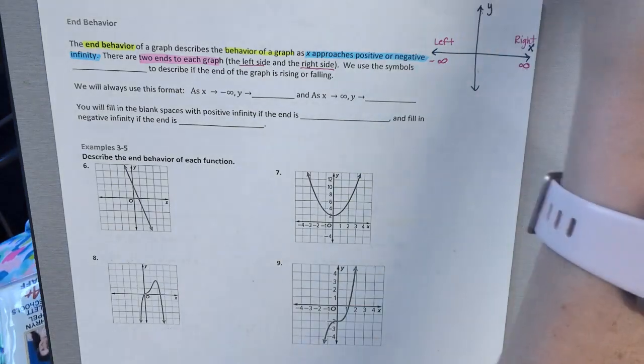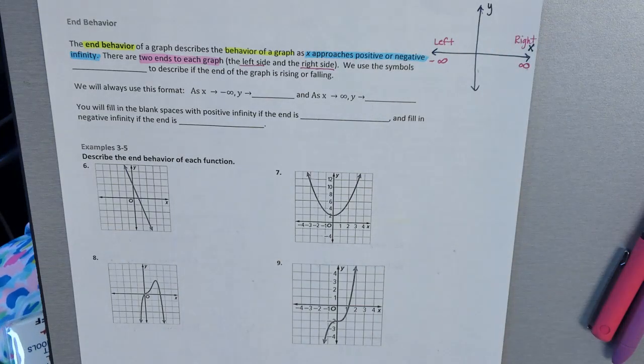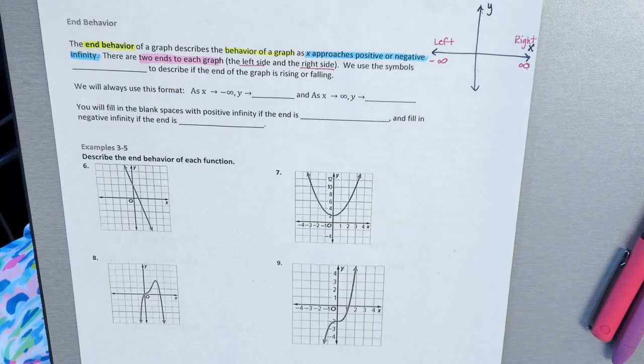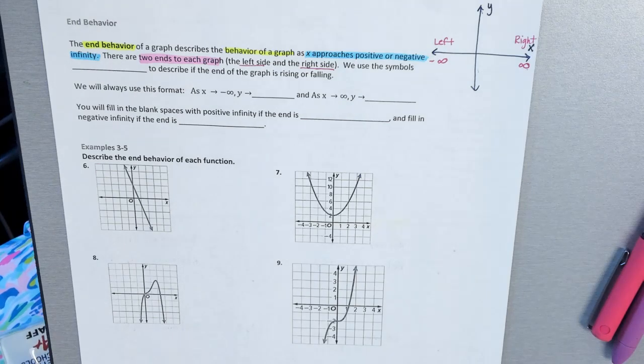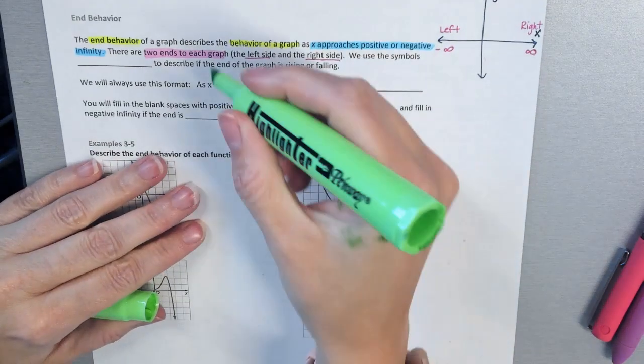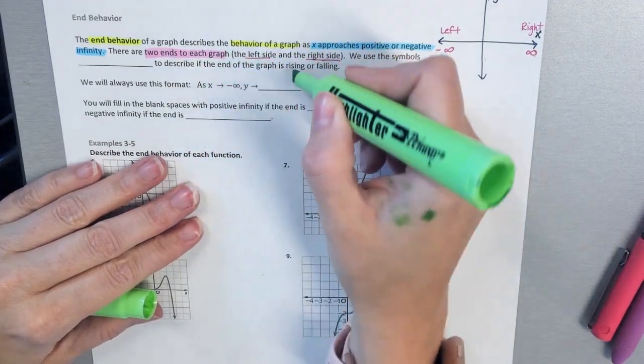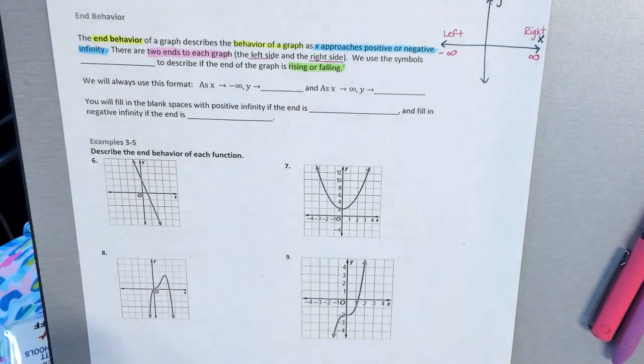Now on the y-axis, those two symbols represent two different things. We're still going to use negative infinity and positive infinity, but they tell you at the end of the graph if it's rising or falling.